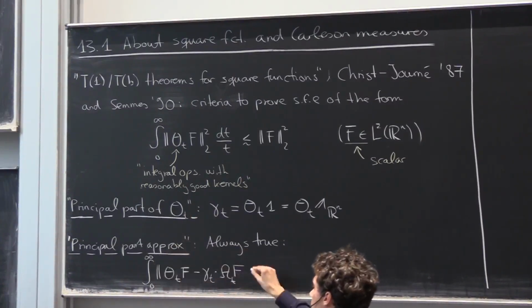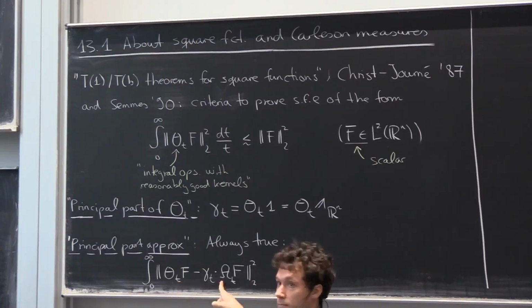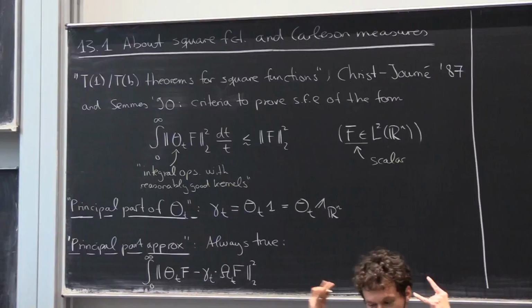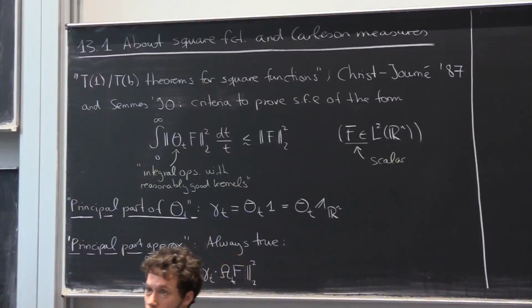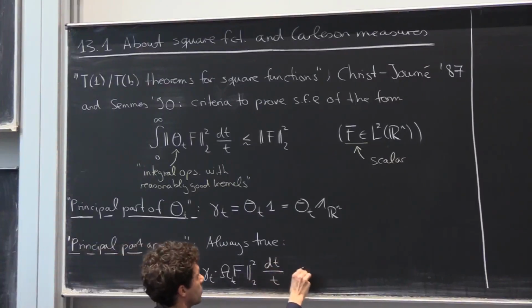So, a multiplication operator acting on the dyadic averages of f. If you just imagine very wildly all these words I'm saying, it sounds like this could be a way of approximating theta t of f. And indeed, it's a sound approximation of theta t of f in the sense that they are close in square function norm. So this estimate here is always true.